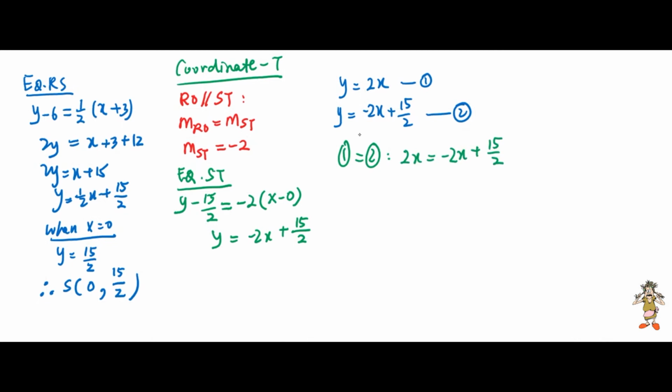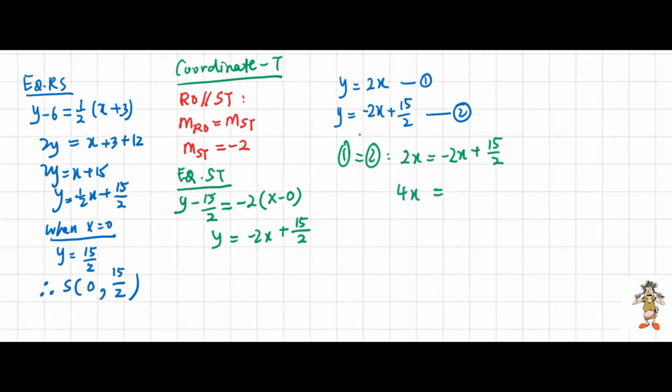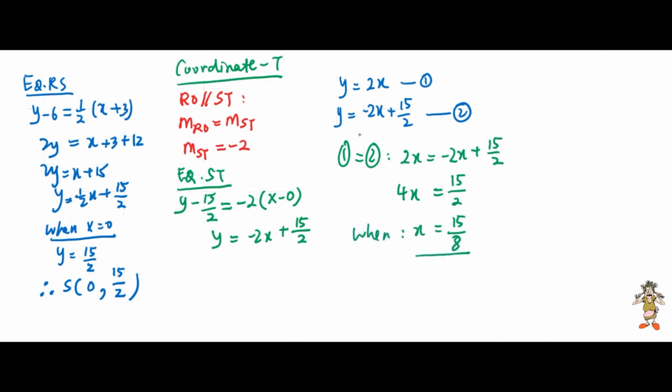So 4x equals 15 over 2, and x is 15 over 8. When x equals 15 over 8, y will be 2 times 15 over 8, which is 15 over 4. Therefore, the coordinate of T will be 15 over 8 and 15 over 4.